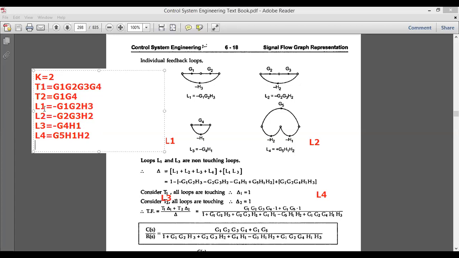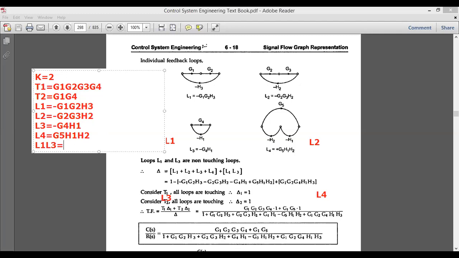Then compare L1 with L3. If you compare L1 with L3, we don't have any variable repeating, so therefore L1 and L3 become non-touching loops.